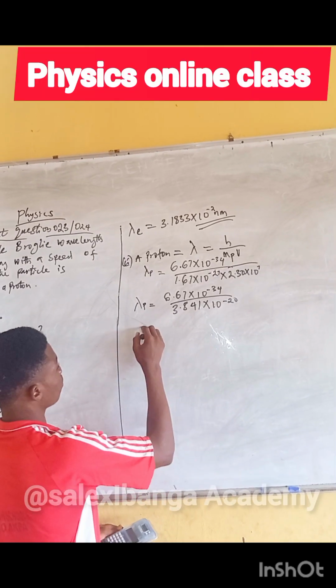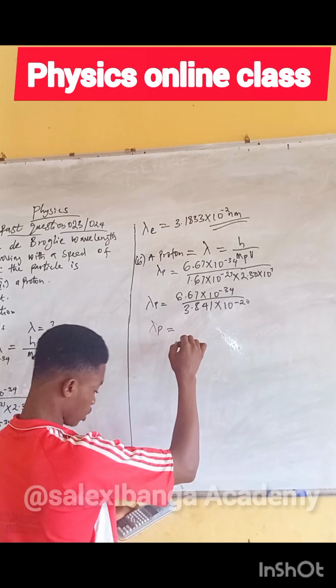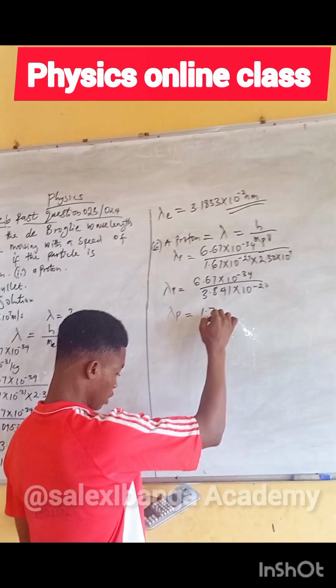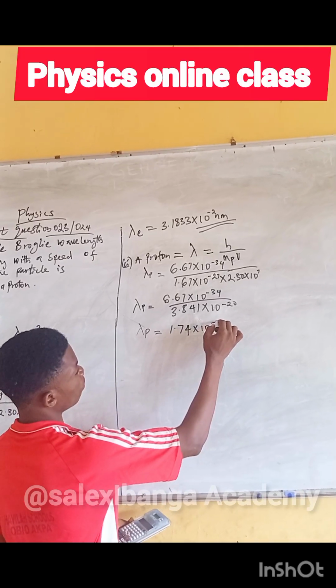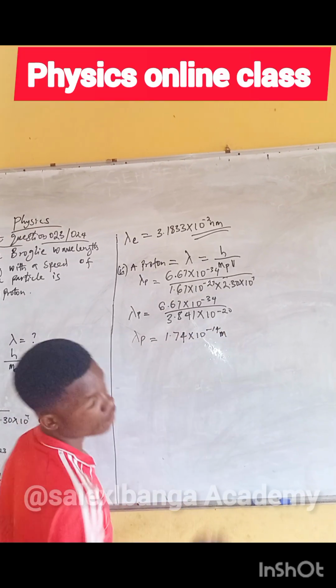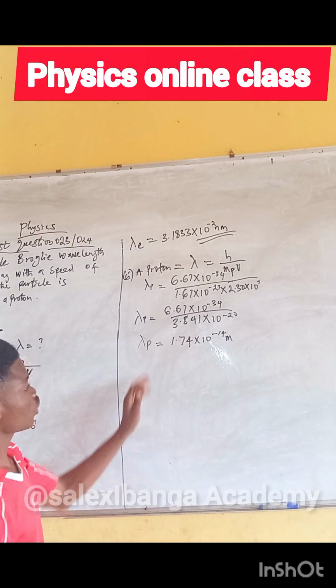Let me take this solution. So now our lambda proton is equal to 1.74 times 10 raised to the power minus 14. That is our lambda when it's a proton.